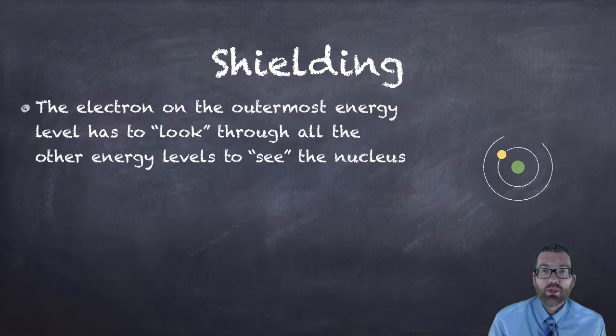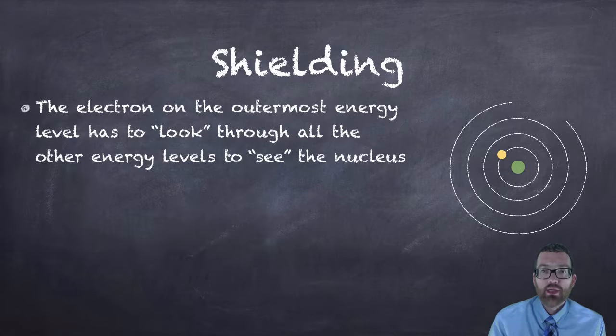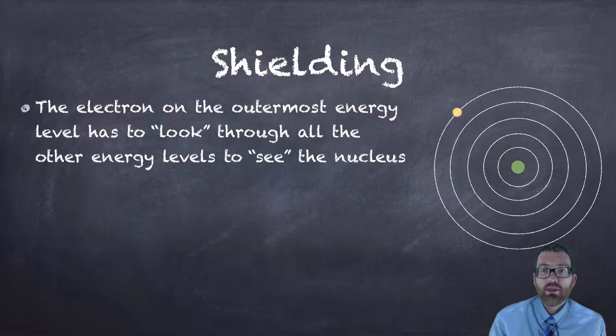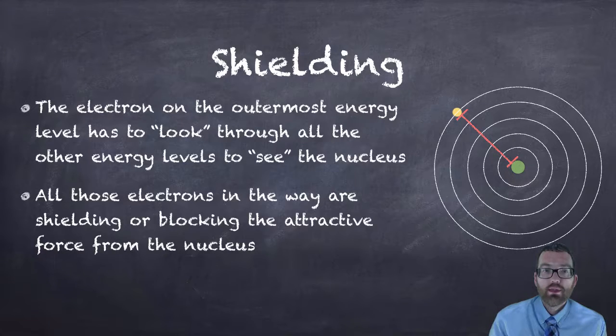But if I were to add more shells, let's say 5 shells, it would then be rubidium. Rubidium also has one valence electron in its 5th shell, and it has 4 other shells in the way between that valence electron and the nucleus. But they're not just shells, there's electrons in the way.